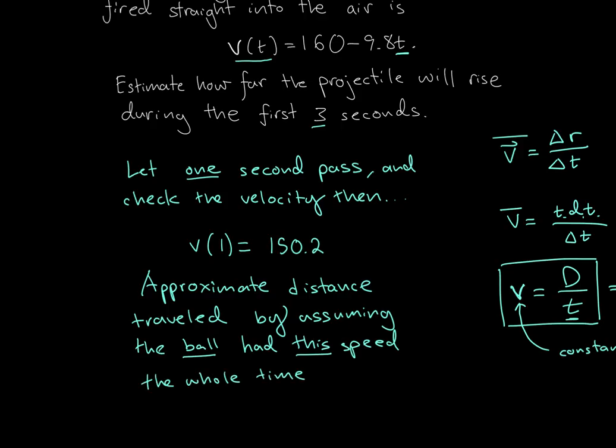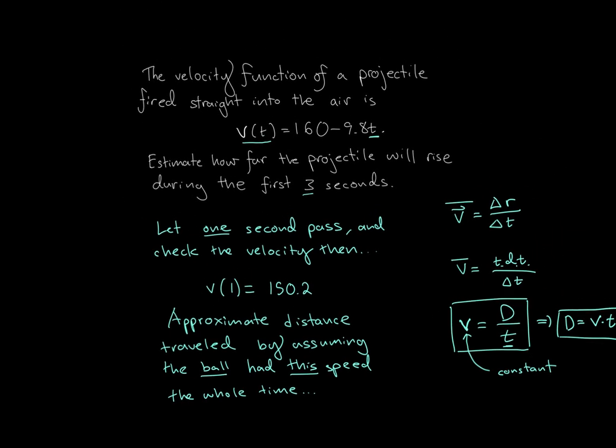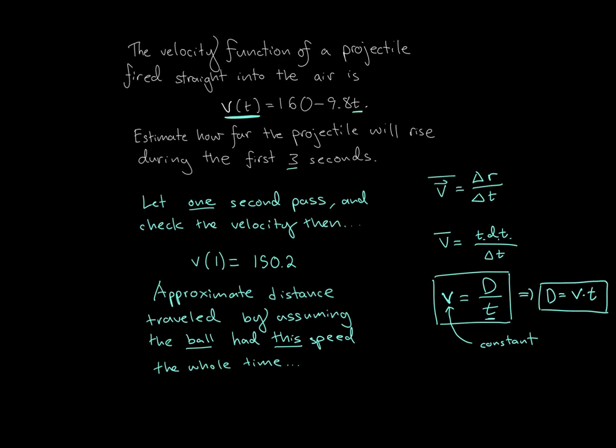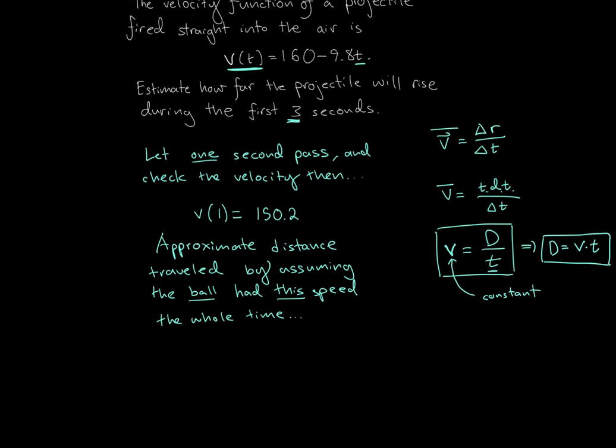So what we're doing is making an assumption. We know that this velocity changes during the first 1 second, but it doesn't change as much as it would if we waited for 3 seconds. So let's kind of shorten it a little bit.